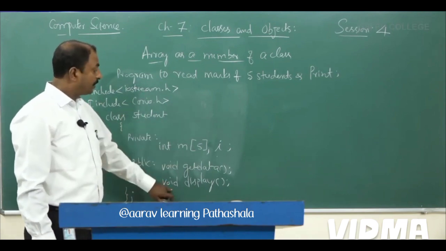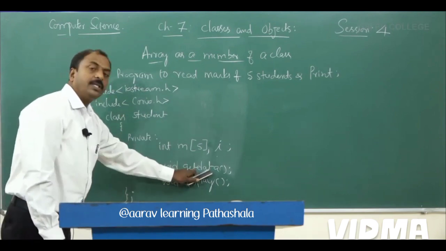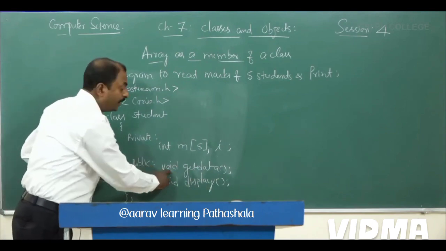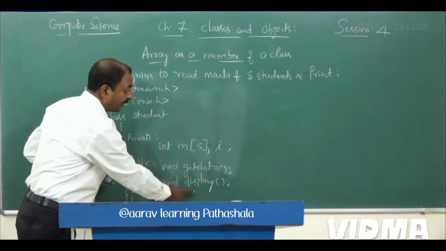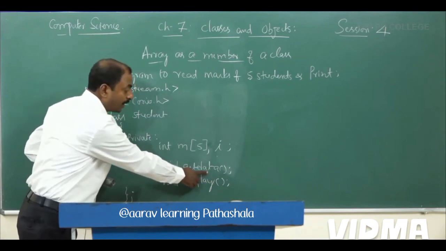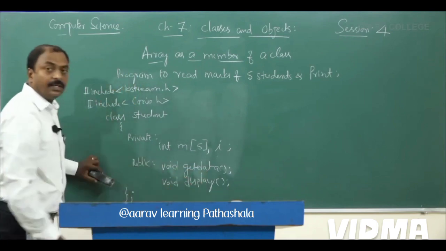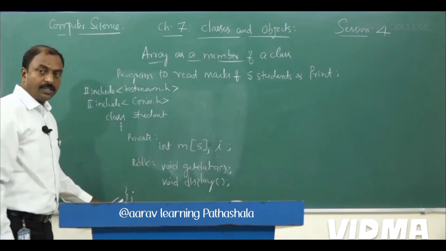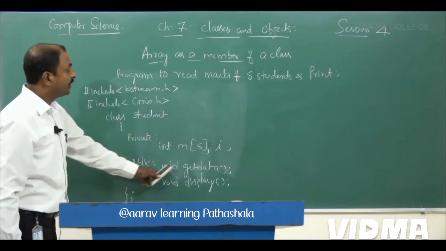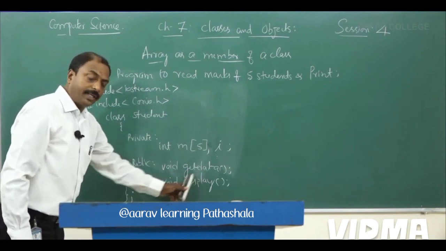This is also an example of function definition outside a class, because here we have only declared two functions, get data and display, and for these functions we are supposed to write function definitions, as I have already closed the class here along with the semicolon. So we have to write the function definitions outside the class.